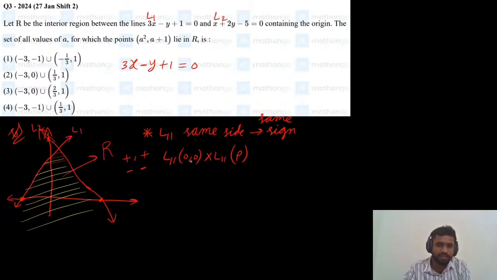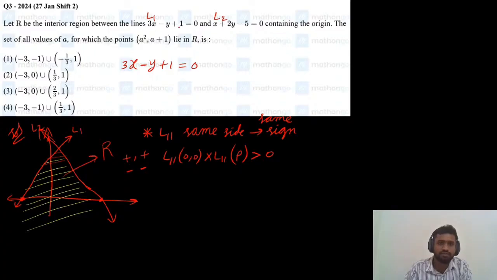If you multiply these two signs, plus and plus or minus and minus, the value will always be greater than 0.